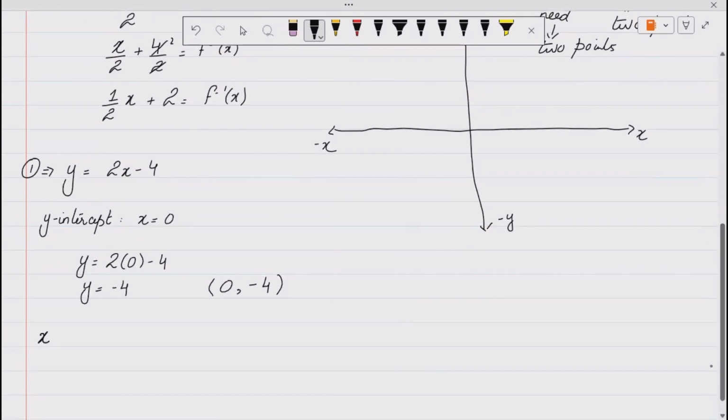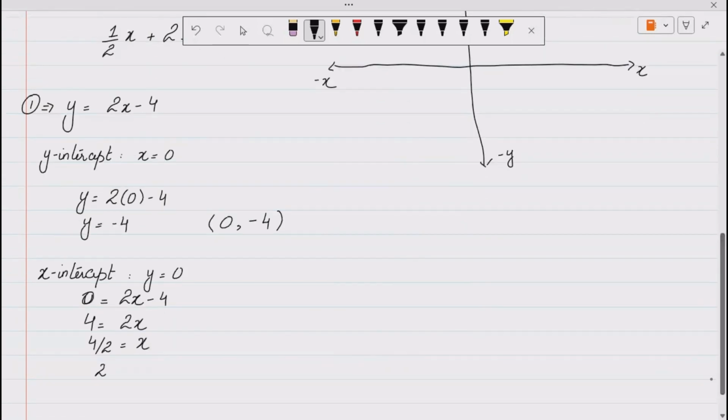Second, the x-intercept. X-intercept means y equals 0. So y equals 2x minus 4 becomes 0 equals 2x minus 4, so 4 equals 2x, and then x equals 4 upon 2, very easy.